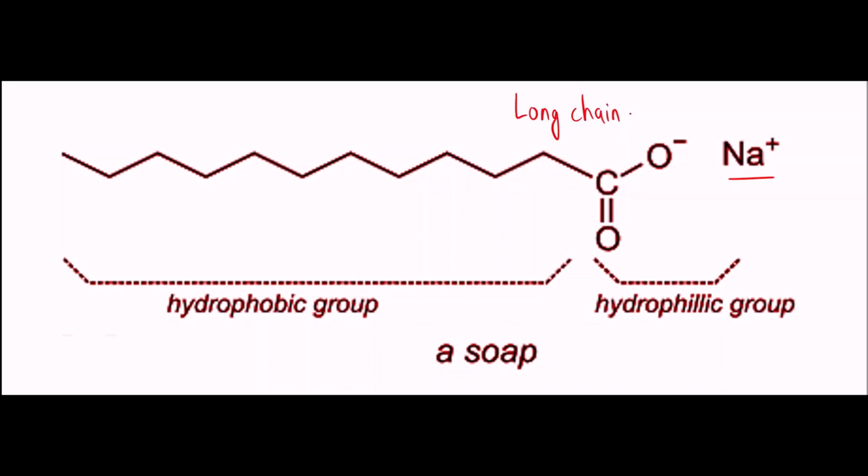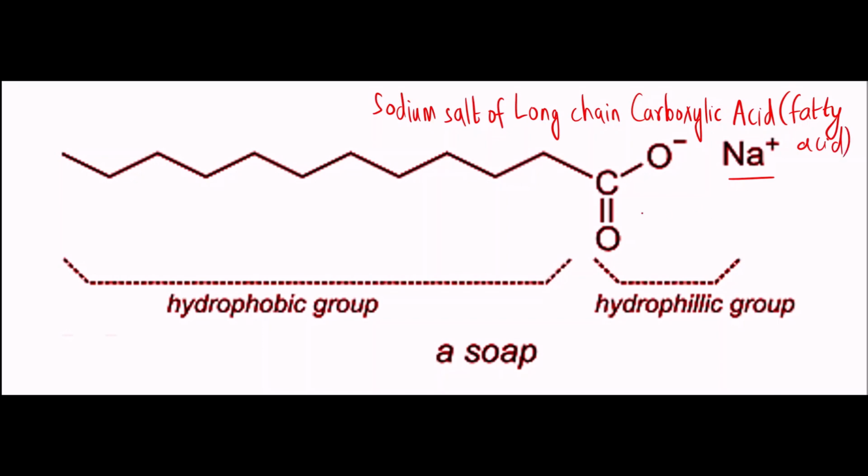A long chain carboxylic acid is called a fatty acid. So the sodium salt of a fatty acid is what is present in a soap. Here also you can see this sodium ion that is present.